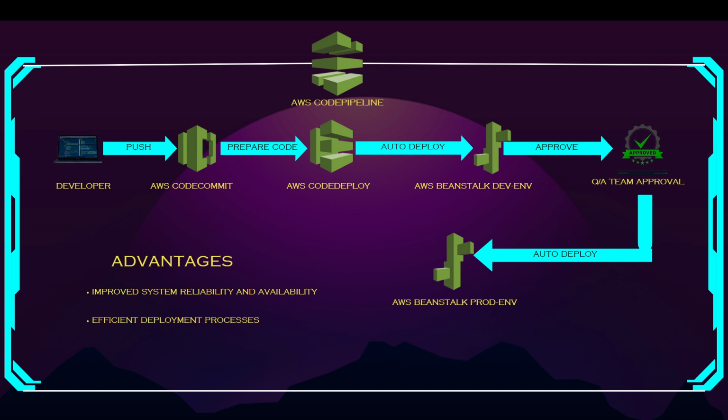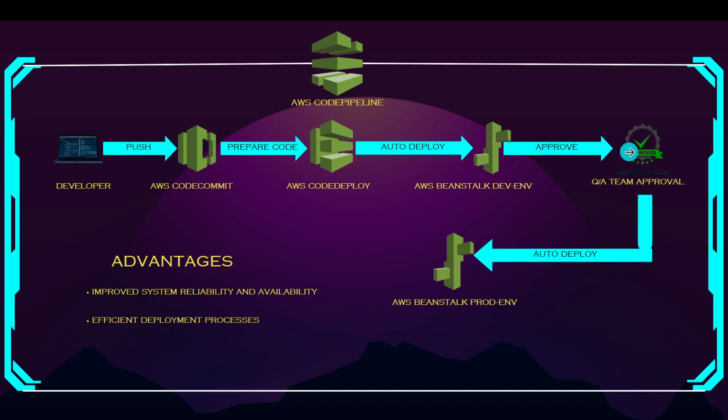You can even create a beta or any other name that you want to give your staging. Then once the QA team has tested and is okay, they will approve. So the changes that are made by the developer are deployed on production.